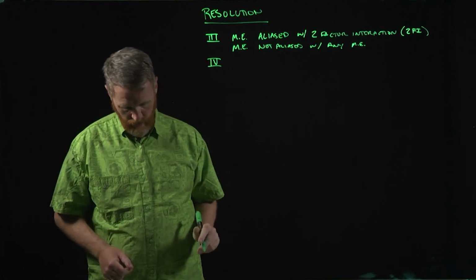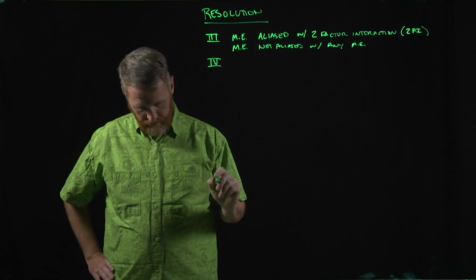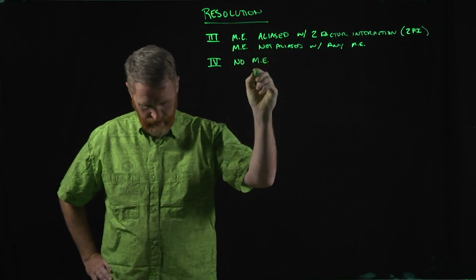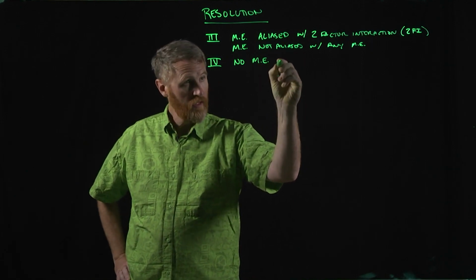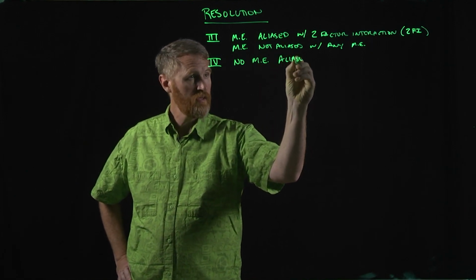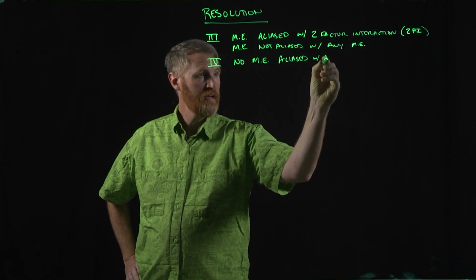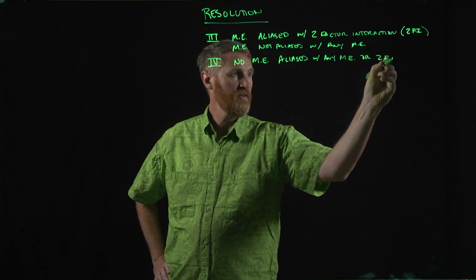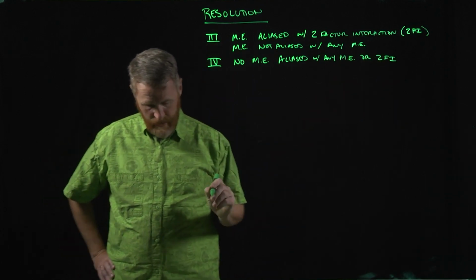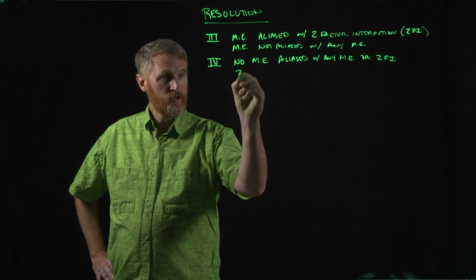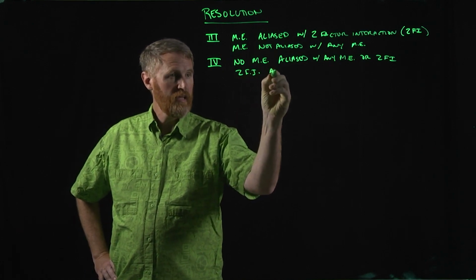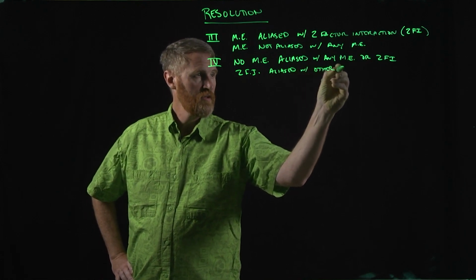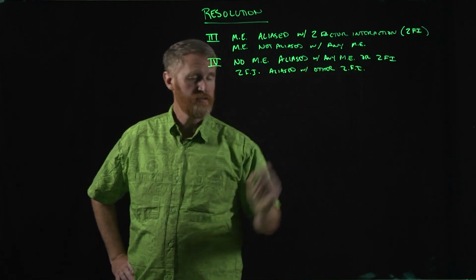Resolution 4 is where no main effect is aliased with any main effect or two-factor interaction, but two-factor interactions are aliased with other two-factor interactions.